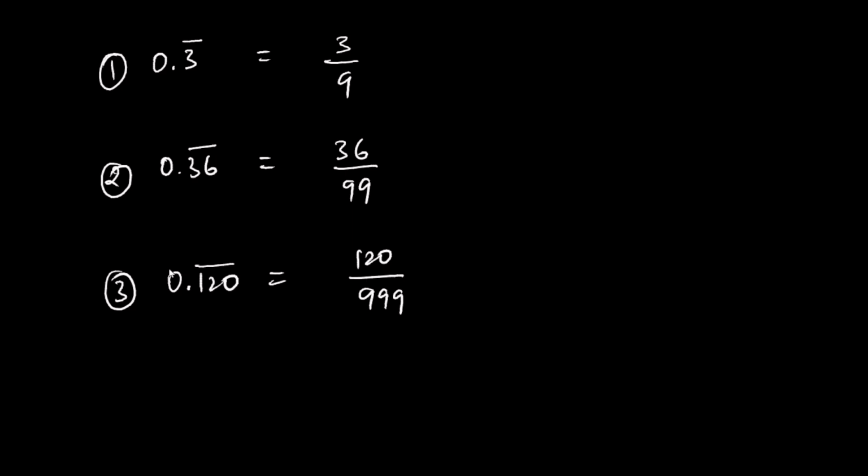Here in our third question, we write 120 without the decimal, and we write in the denominator as many 9s as repeating digits. So if we have 0.576 with repeating 576, we simply write 576 in the numerator, and we write as many 9s as repeating digits in our denominator.